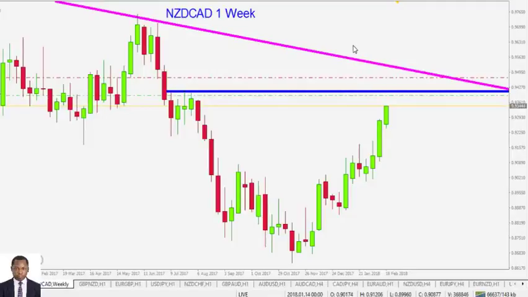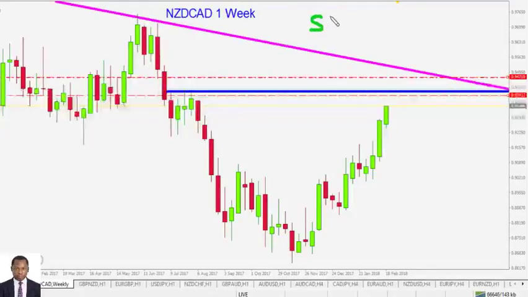I'll give you the entry and stop loss again. The sell limit order is at 0.9391.